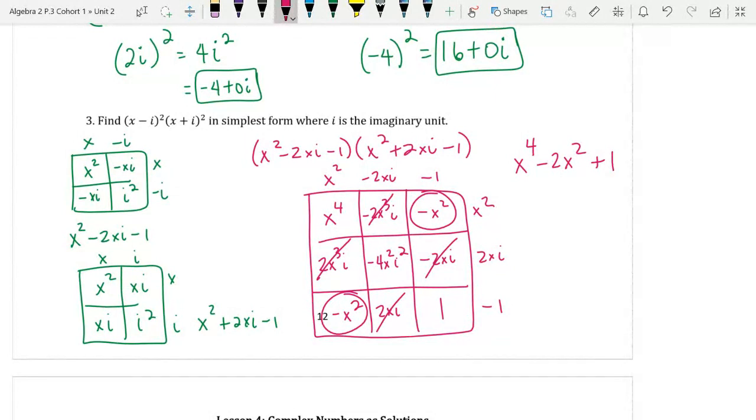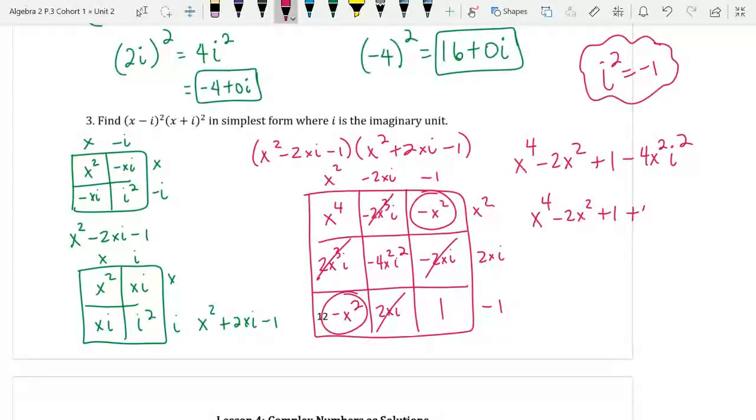And I'm just going to put this term that still has i in it at the end: minus 4x squared i squared. Now that last term I can simplify further because i squared, remember, I'm probably going to write this on the board about a million times, i squared is negative 1. So that last term can be rewritten to positive 4x squared.